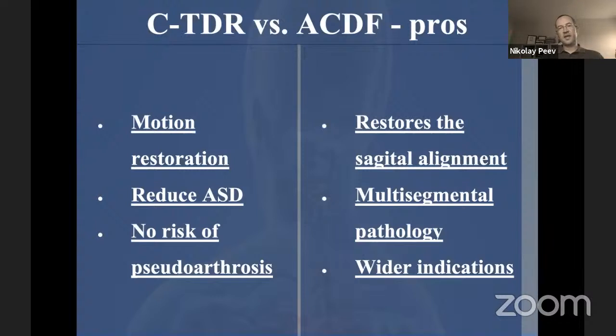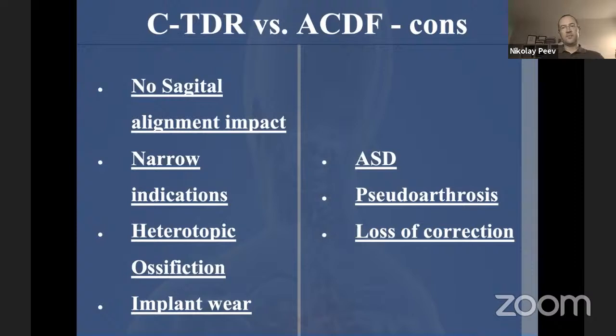With the ACDF, you have better leverage to restore sagittal alignment. You can go for many levels, and in general you have wider indications with ACDF, while with the TDR you have to be a bit more selective. If we are discussing the cons, no sagittal alignment correction.